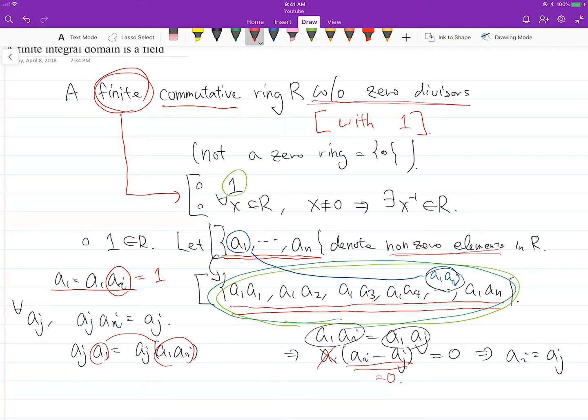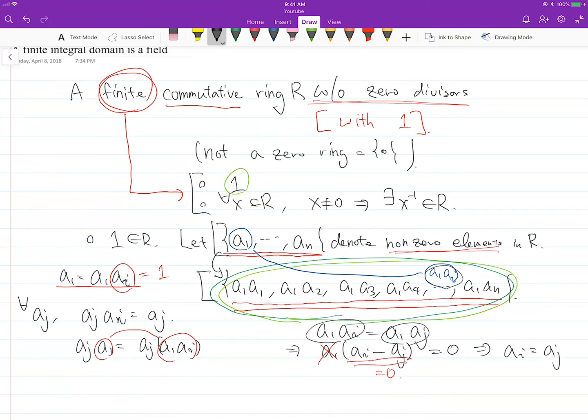Now we can use the distributive property. I'm not going to skip one step. So we have 0 equals a_j a_i a_1 minus a_j a_1.